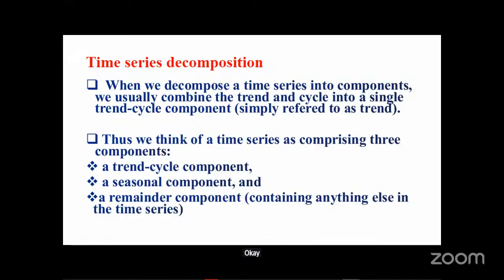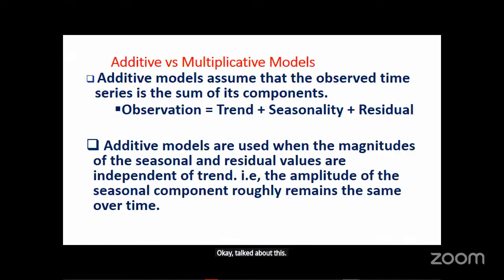Okay, talk about this. So now, when it comes to decomposition, we have different kinds, what we call the additive versus the multiplicative models. The additive model assumes that the observed time series is the sum of its components.